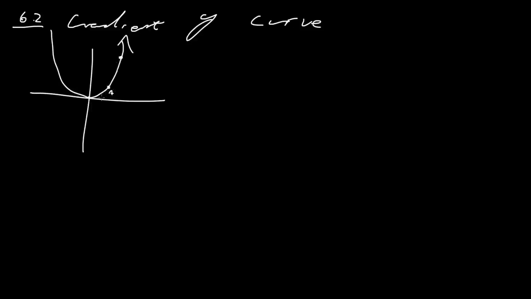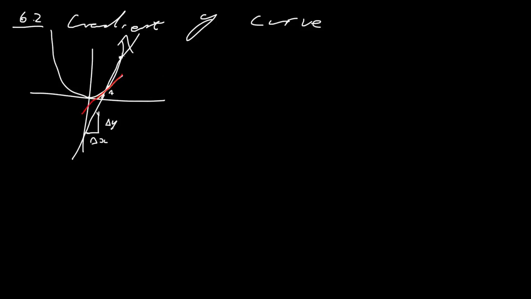Now if we draw a straight line between these 2 points, because it's a straight line, we can get the gradient easily. It's just m, basically delta y over delta x. So that's using the secant method. But that doesn't give us the gradient exactly at that point, because the gradient at A is actually a tangent line, let me do it in red, a tangent line that looks something like that.